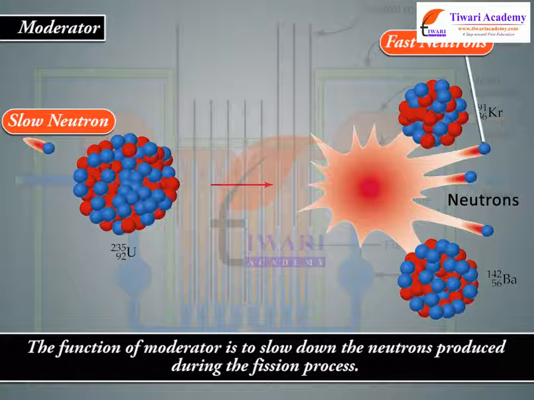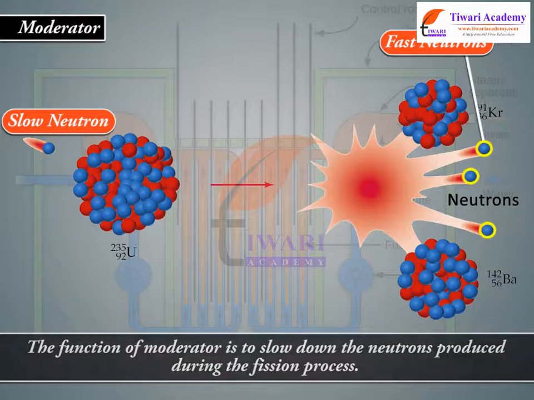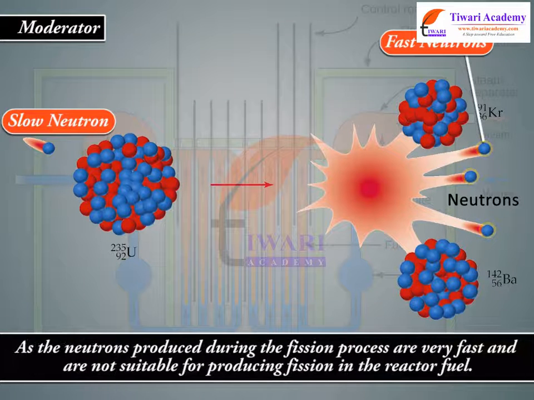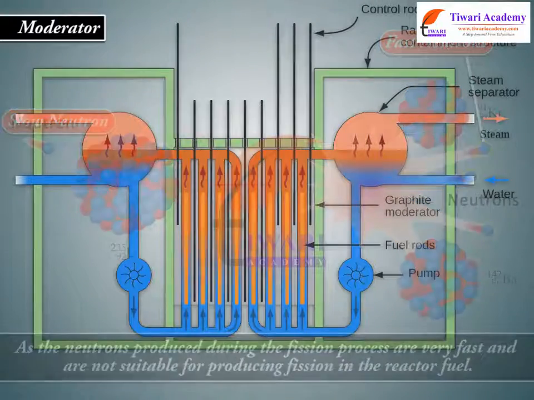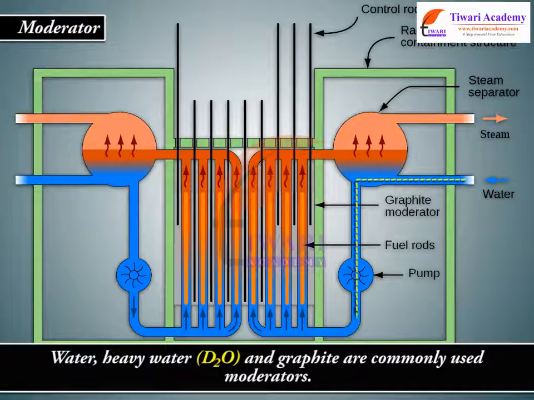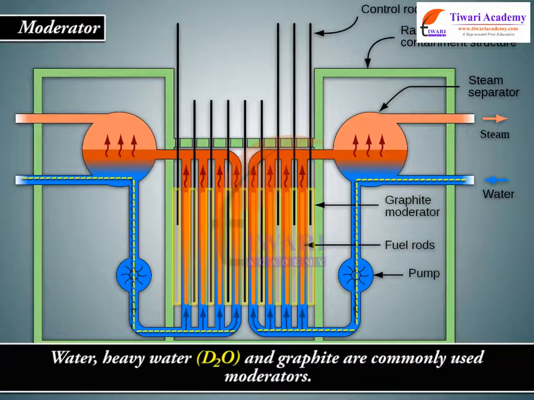The function of a moderator is to slow down the neutrons produced during the fission process, as these neutrons are very fast and not suitable for producing fission in the reactor fuel. Water, heavy water, D2O, and graphite are commonly used moderators.